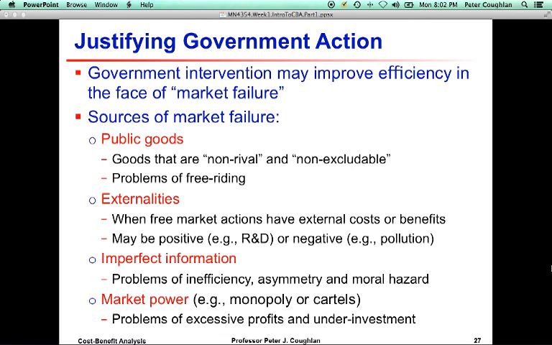If I benefit from national defense, I feel more secure because we have the military here in the U.S. The fact that I'm getting the benefit of military protection does not diminish somebody else's benefit from military protection, therefore it's non-rival. It's also not excludable. I can't say, I don't want the U.S. military to defend me. If I live in Iowa, whether I like it or not, the U.S. military, by defending the rest of the population, is defending me.